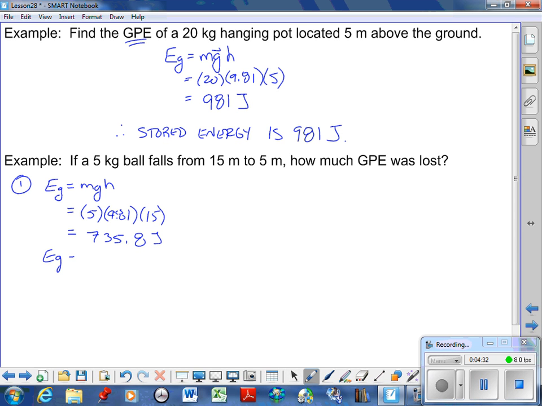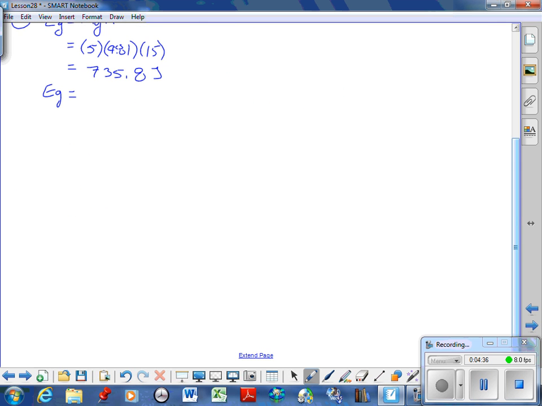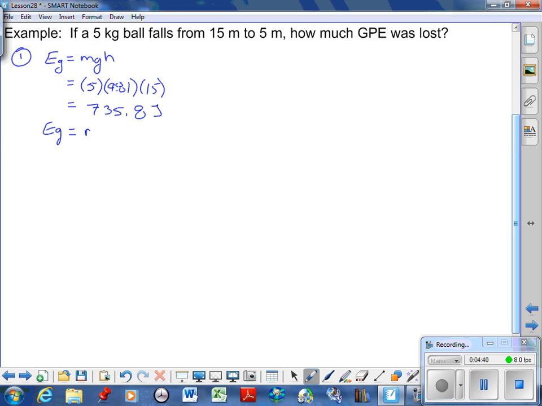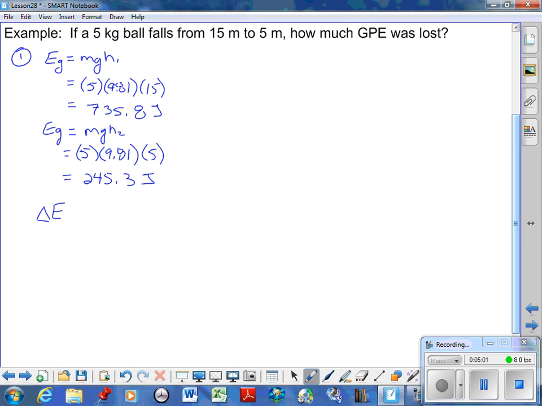Then we calculate how much energy it had at 5 meters. So mgh, and I'll call that height 2: 5 times 9.81 times 5. We get 245.3 joules. We're looking at the change in energy, how much energy was lost.